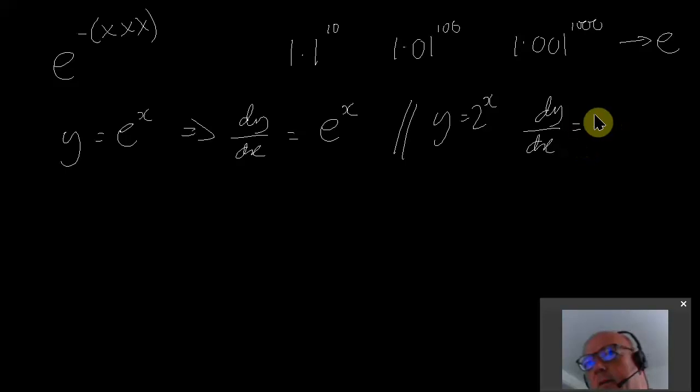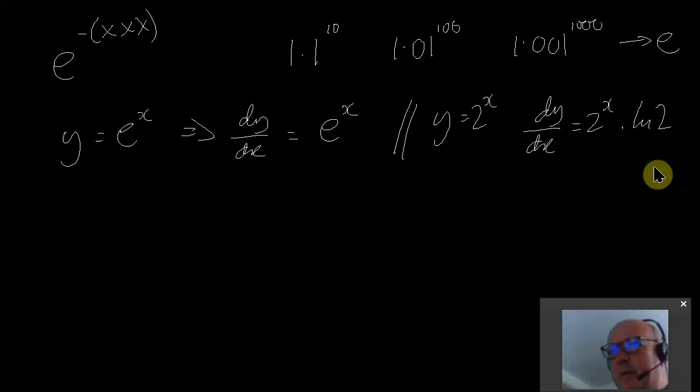In fact, it equals 2 to the x times log 2. So you could not bother with the number e and just use some other base, but you're going to get this extra factor floating around half the time. So e makes life easy. That's really the thing, because it has this quality of being the limiting point. If you're getting interest continuously, it has this quality of being the limiting point.